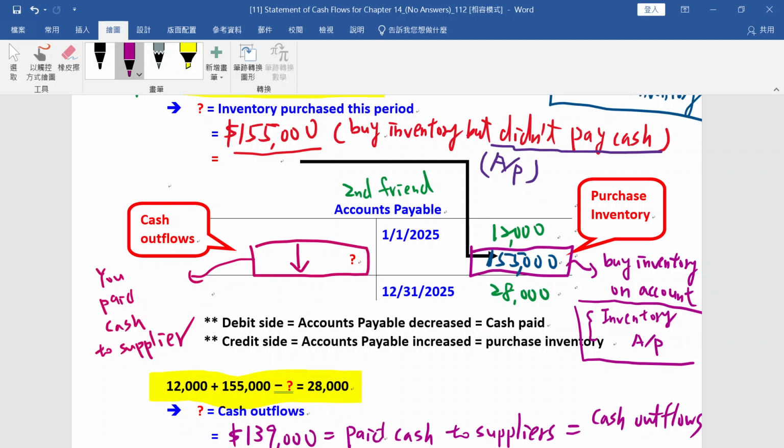But this one is more complicated because cost of goods sold, you need two friends' help. Remember, cost of goods sold, you need two friends' help to get your cash outflow. Other items, you just need one friend's help. Okay? So any questions? If you have any question, please ask me. Otherwise, let's take a break. We will continue the other items.